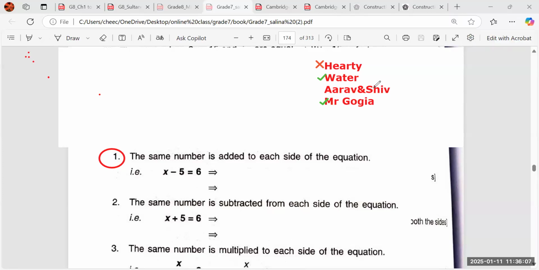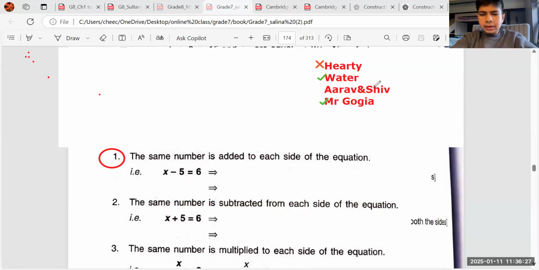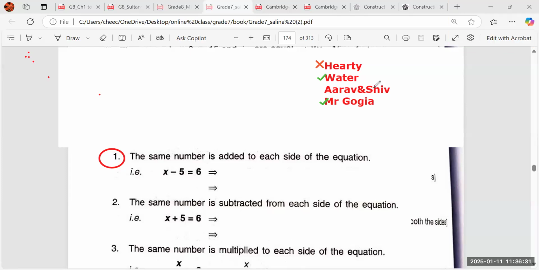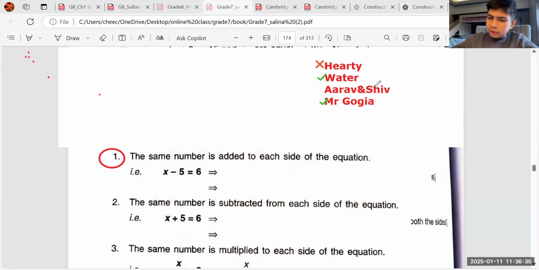No, Hearty, you have not done the way I explained to you. So send. What is the difference between both the images? In the first image, the equal signs were not in one line. In the second image they were.